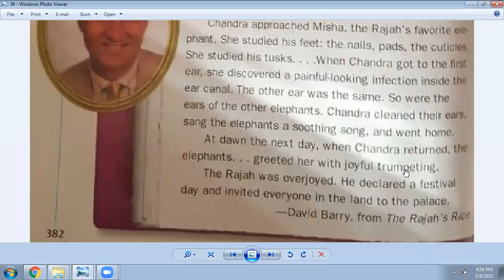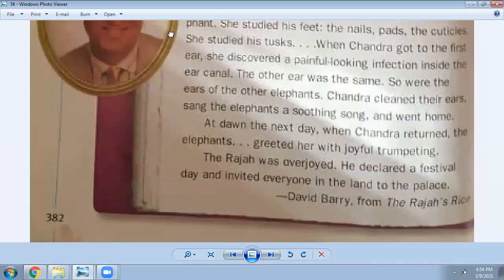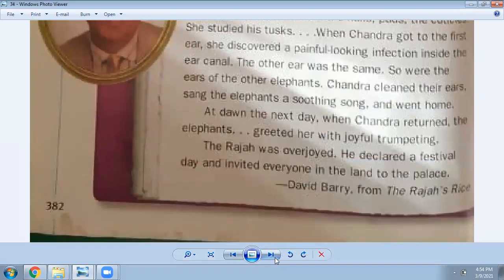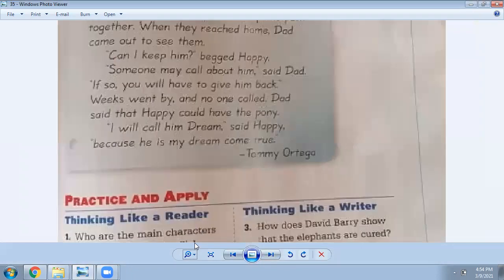And then the Rajah, who is the leader, declares a festival in honor of the fact that the elephants are now feeling better. So, an interesting beginning, an interesting middle, and an interesting end. And the story takes place in India. So, our setting is in India.